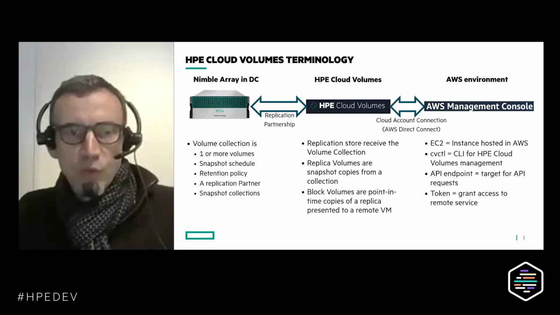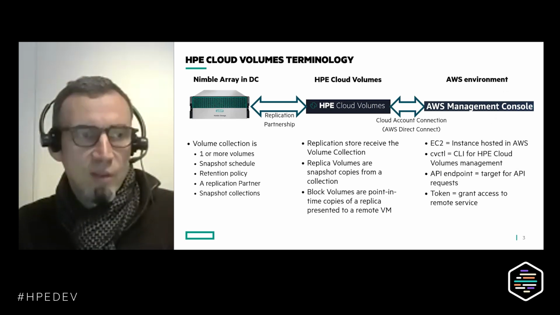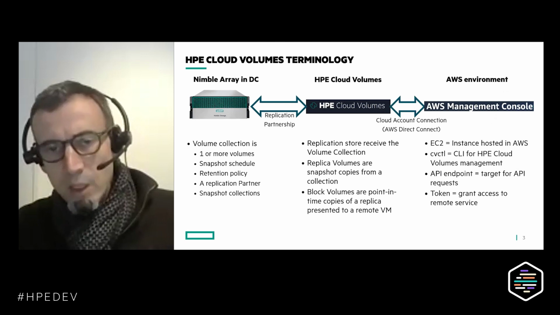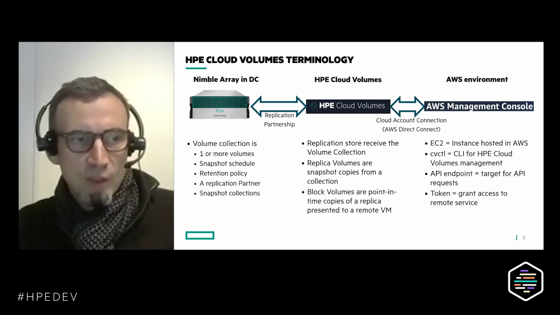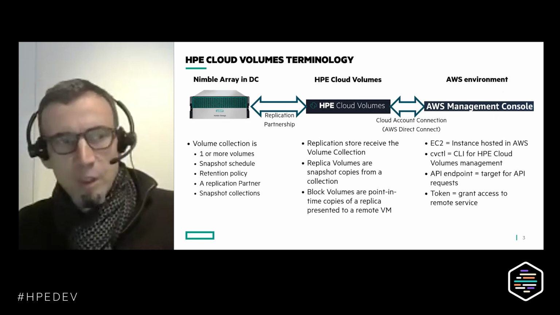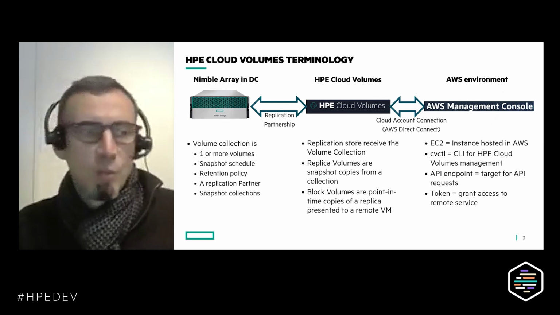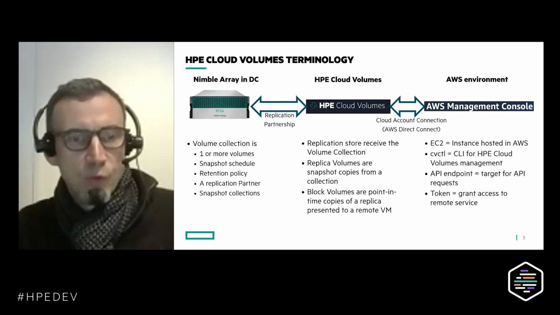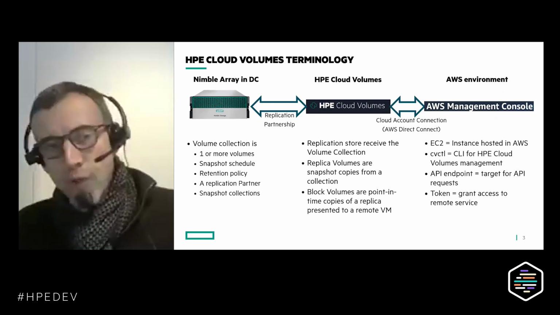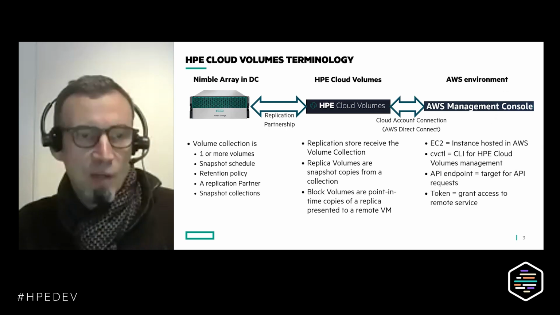Before we go into that, some words about the architecture of Cloud Volume. It's, let's say, a three-pillar kind of architecture. You have basically some data on-prem in your data center, which are stored in a Nimble array, right? You can define a replication partnership with HPE Cloud Volume, and basically the real process is you log in to Cloud Volume and you create the replication partnership.